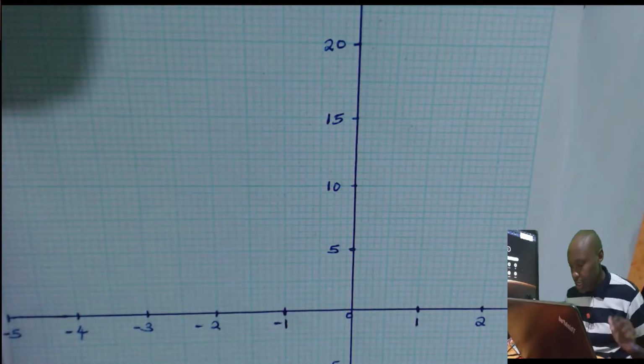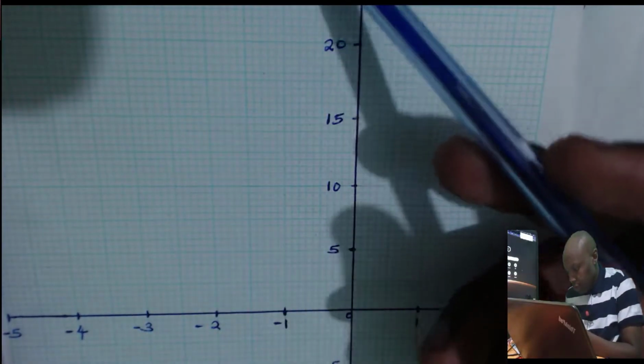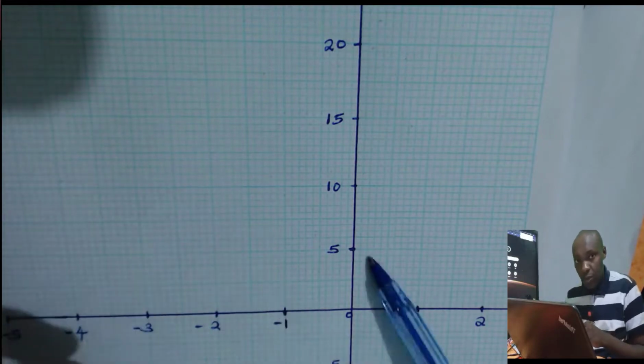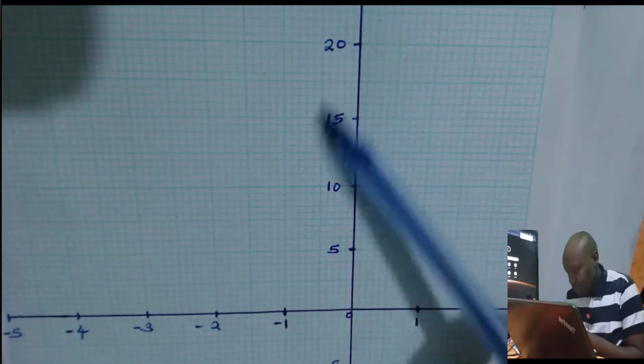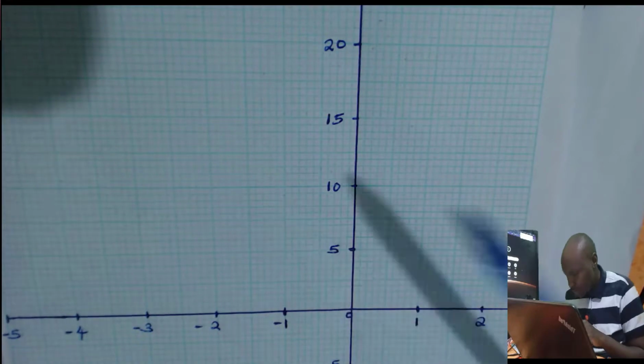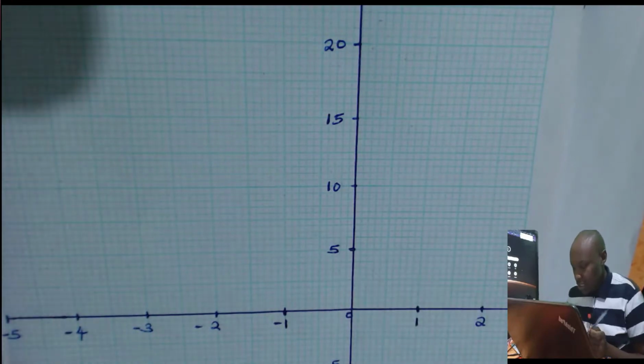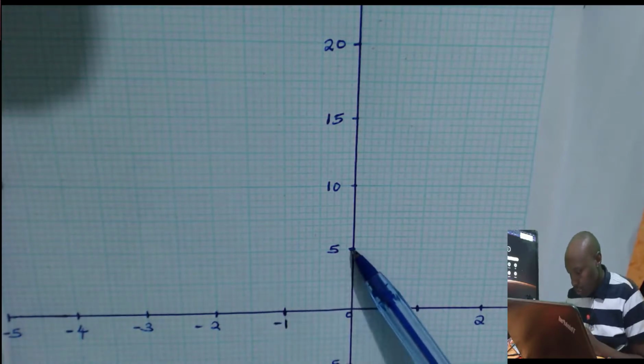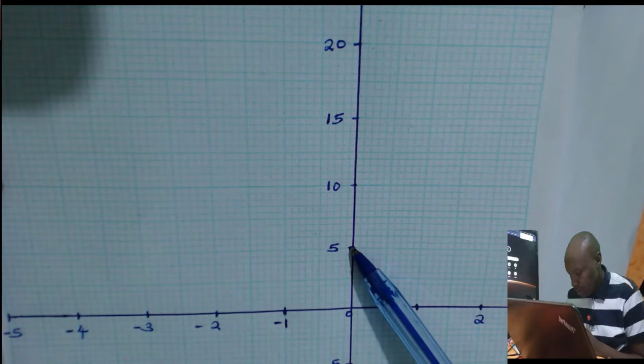So you must look for a scale that is going to accommodate your graph, looking at the values that you have, and also the number of squares that you have for your graph paper. Like mine is around 20, the maximum 20 centimeters. So I need to squeeze the scale, and that is why I've decided to use 2 centimeters to represent 5.